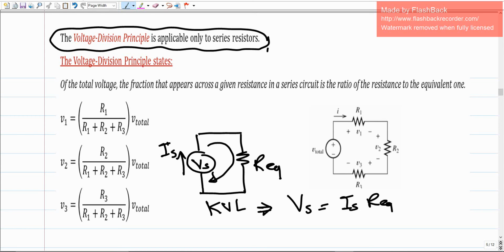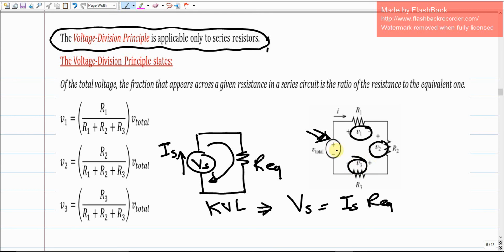The total voltage that comes from the source is going to be distributed over the three resistors. So the question is, how much is V1, how much is V2, how much is V3? Or how much voltage is R1 going to take from the total volt, how much is R2 going to take, and what fraction of the total volt is R3 going to take?